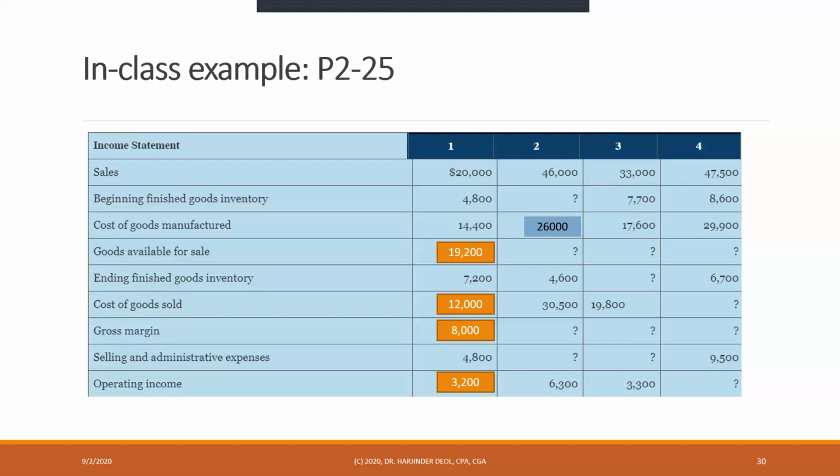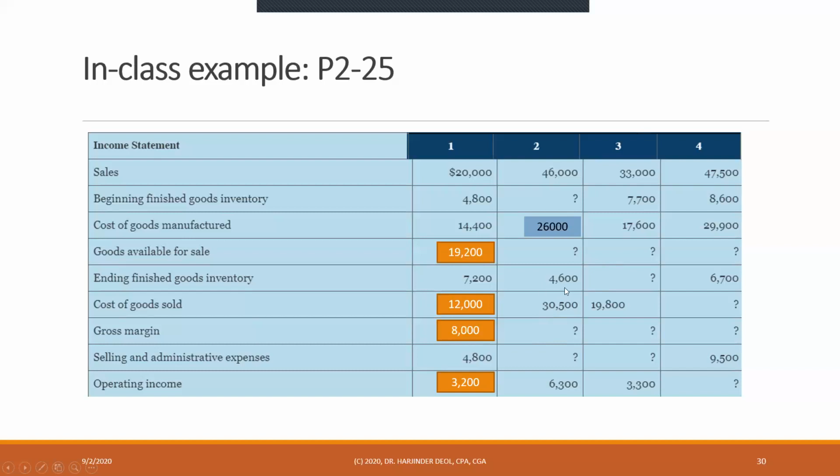Now, considering that the company had a cost of goods sold of 30,500 and the ending finished goods inventory was $4,600, if you're working backwards, whatever was the goods available for sale, of that amount, if you take out $4,600 of ending finished goods inventory, you're left with cost of goods sold of 30,500.